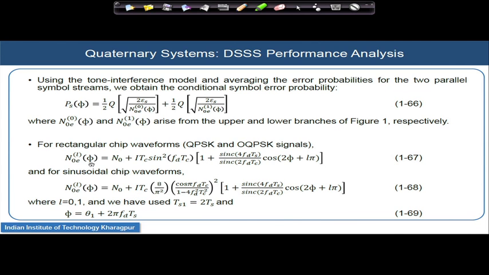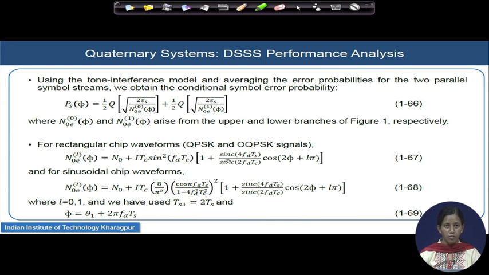And we know the expression for all this, if we utilize a rectangular chip, that will be governed by this, and this has a direct relation to the expression that we have derived in the earlier modules, where L is coming extra to capture the effect of the in phase and the quadrature phase component in the cos component, and we will put 0 and 1 for the value of L to get either the cos 2 pi or the cos 2 pi plus 180 degree out of phase expression for the lower path.